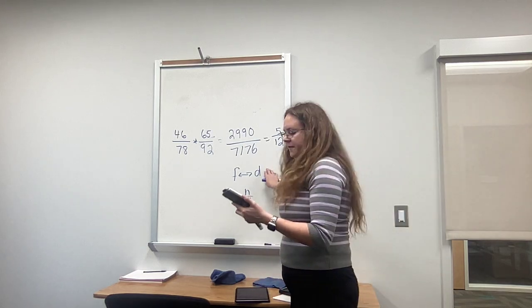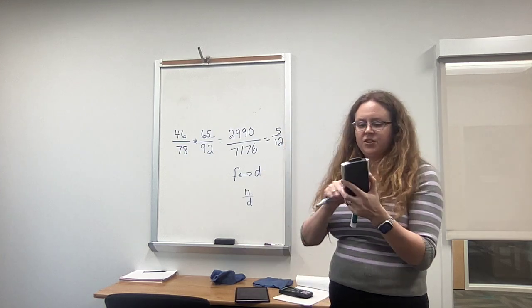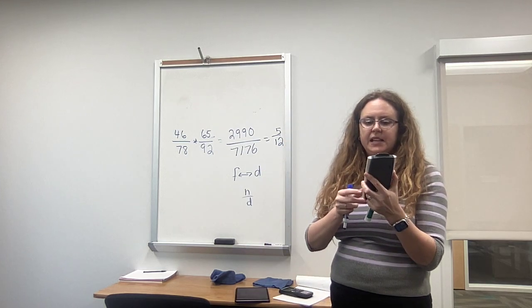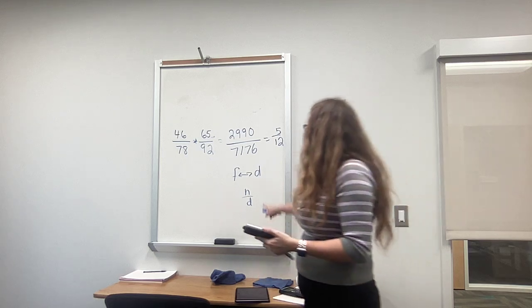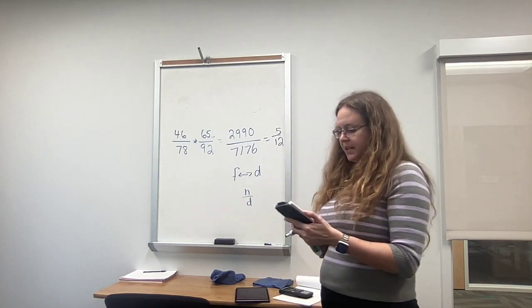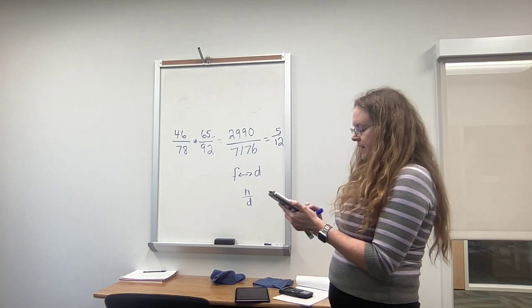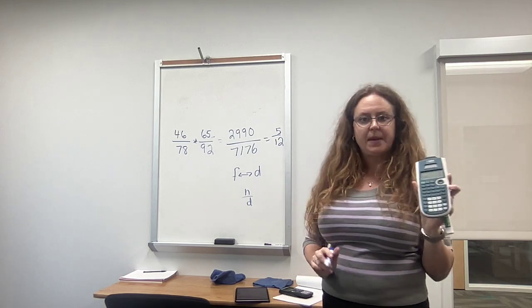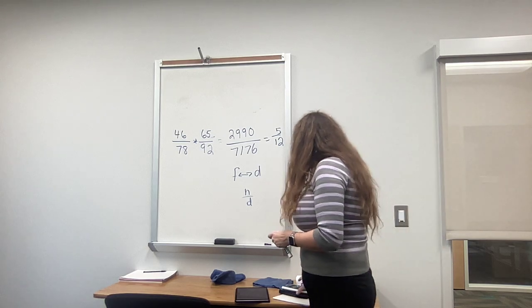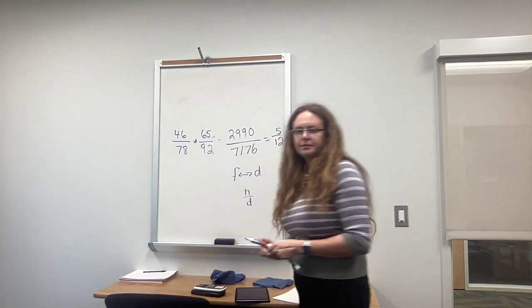If I find this F to D, so in this calculator I do have to mash the second button to get that, it reduces it down. I also could just find the fraction button itself instead of hitting it as division, and hit enter, and it's going to give me the same answer. So we can use a calculator to help us reduce these down.